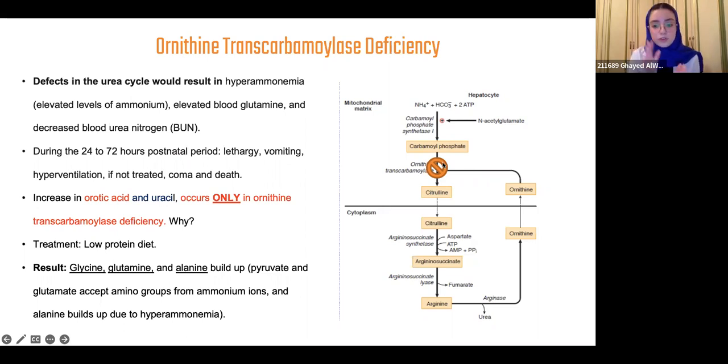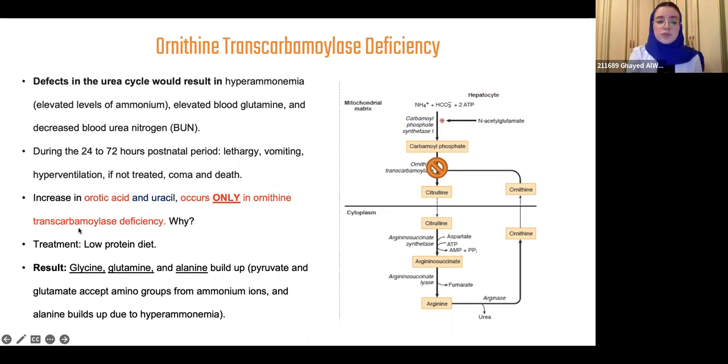So if any question says the person has elevated or increased levels of orotic acid, or orotic aciduria, then you definitely go for ornithine transcarbamylase deficiency. It's the only one that will present with that.